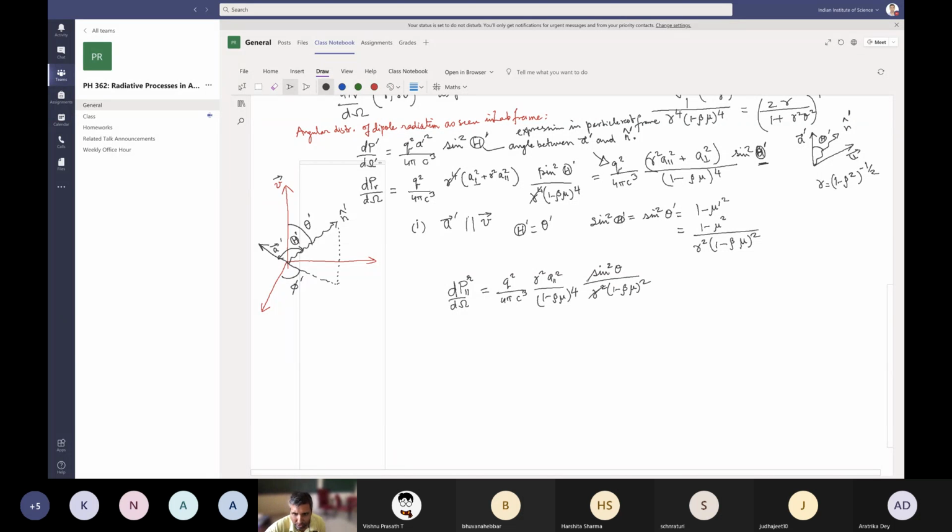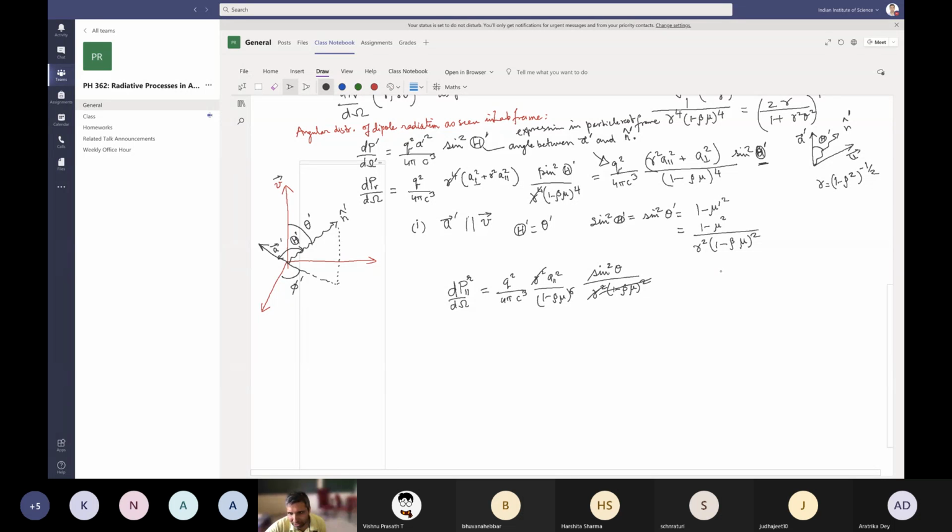So this gamma squared and that gamma squared cancel, and this makes this 6. So this is the 6th power. Okay, so this is the expression for power when the acceleration is along the direction of the velocity of the particle.